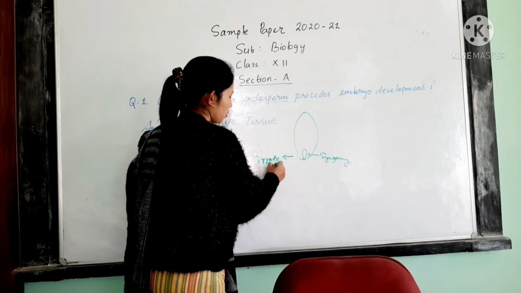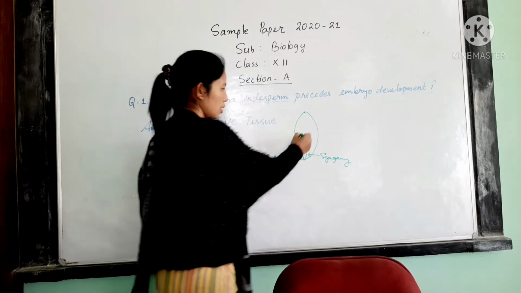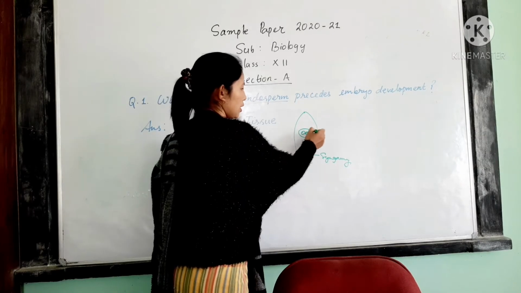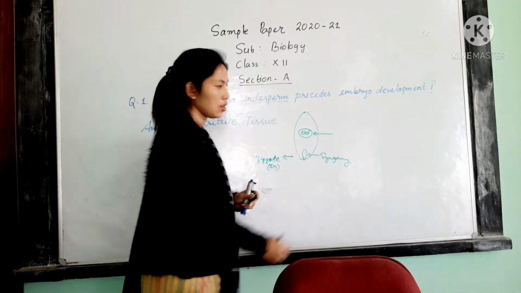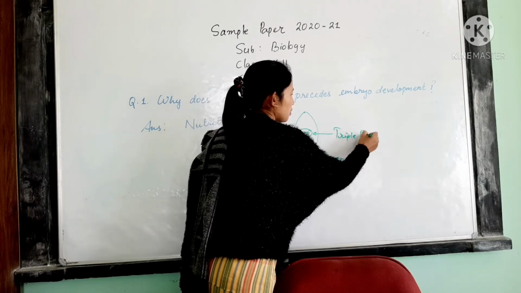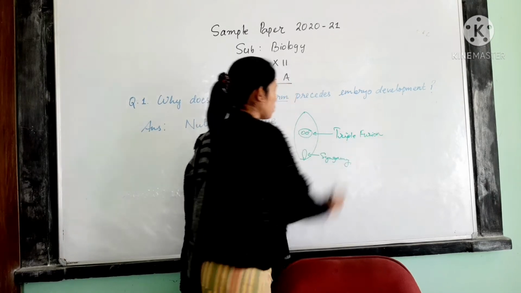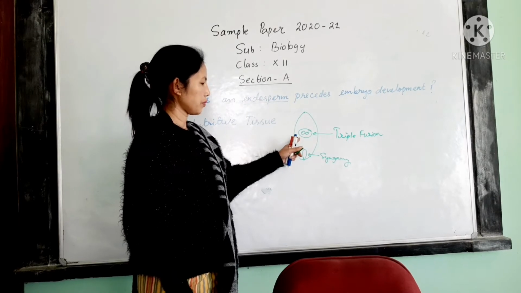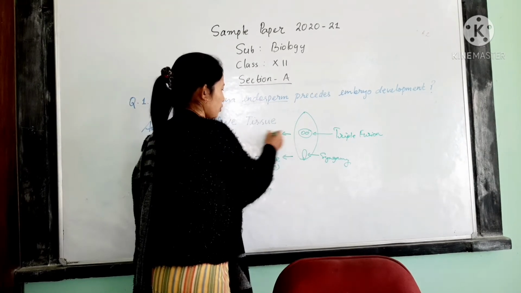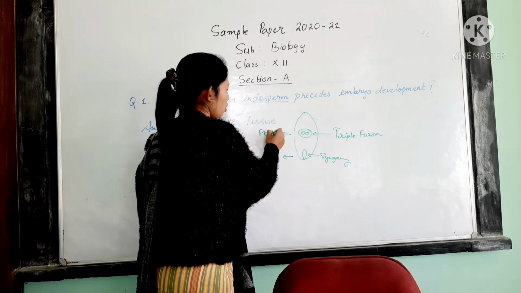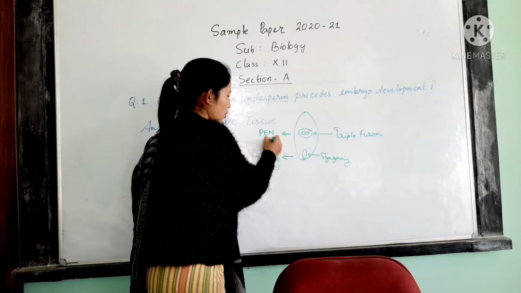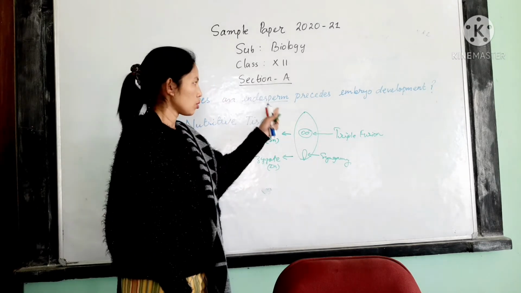This zygote is diploid, whereas the two polar nuclei are fertilized by the second male gamete, which is known as triple fusion. This fertilization of the two polar nuclei leads to the formation of the PEN, or primary endosperm nucleus, which is a triploid cell.